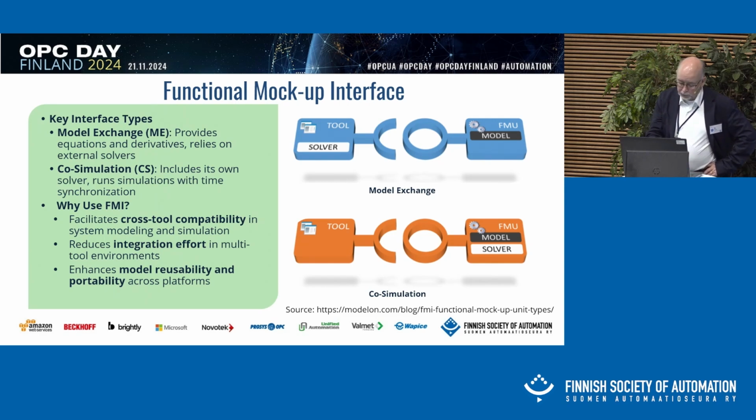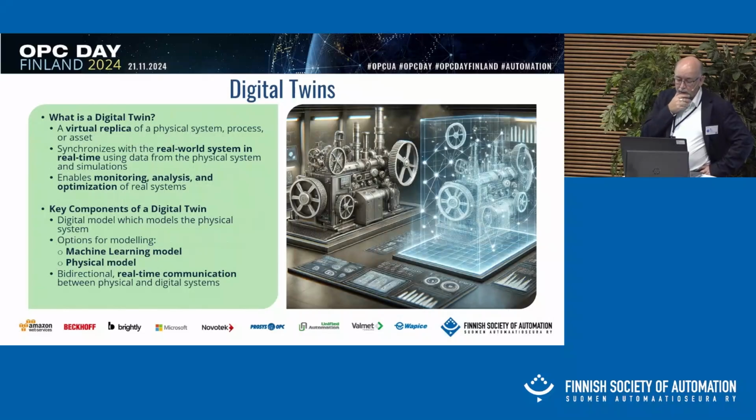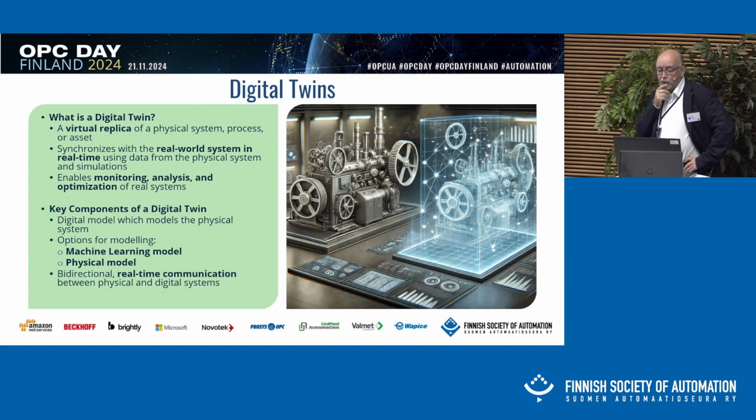And what is the digital twin then? It's this virtual replica, and we were testing a couple of small FMU models to make this digital twin run. It's the replica of the real-world, physical system, so it can be used for monitoring, analysis, and optimization.